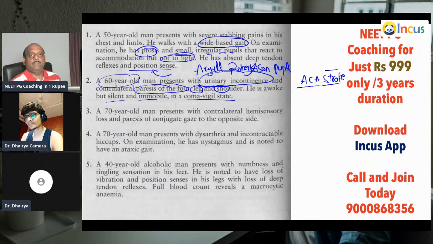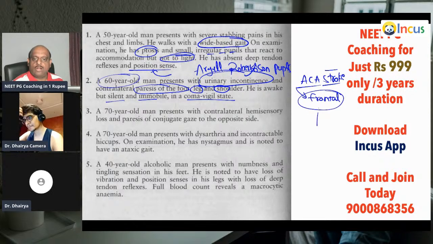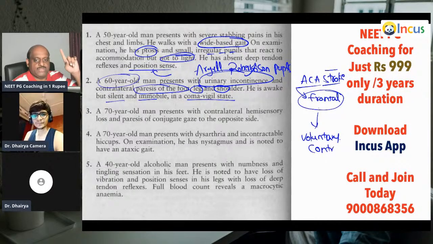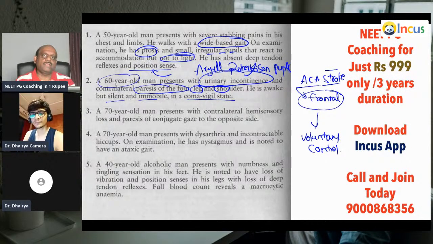Yes. So one important thing we need to remember is that the frontal lobe is supplied by the anterior cerebral artery, and the frontal lobe has the highest center of voluntary control of our continence. There is control of continence that happens at the level of the sphincter, that is the spinal cord level, from the parasympathetic and sympathetic.